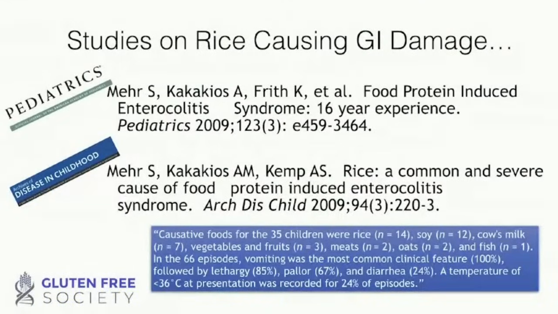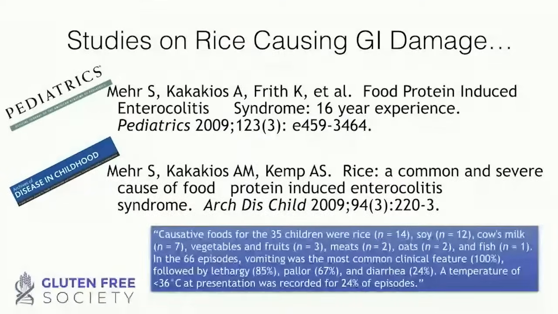And this study found that rice was one of the most common causes of that. Now, I know a lot of baby formulas and a lot of gluten-free products will contain rice as the primary substitute, supposed gluten-free agent, but we know that rice can induce inflammation of the intestine, and I have actually seen this in a number of cases in my practice over the years.